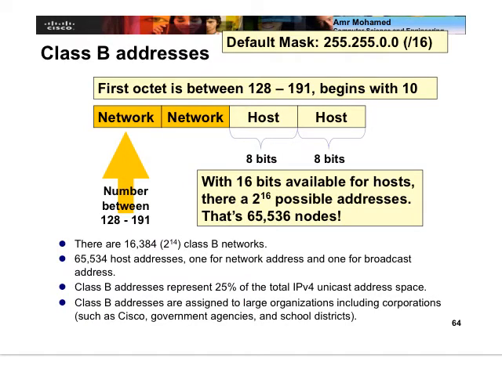So 50% is class A and 25% is class B. And we'll see how this number came about.